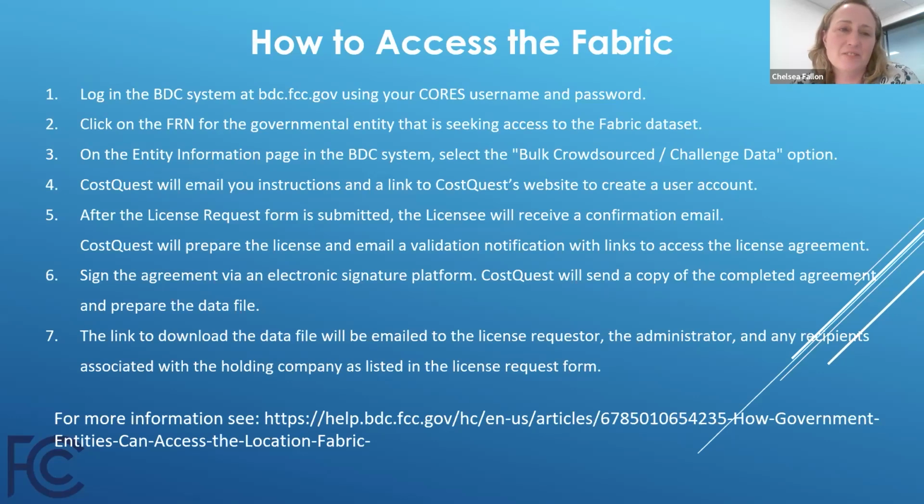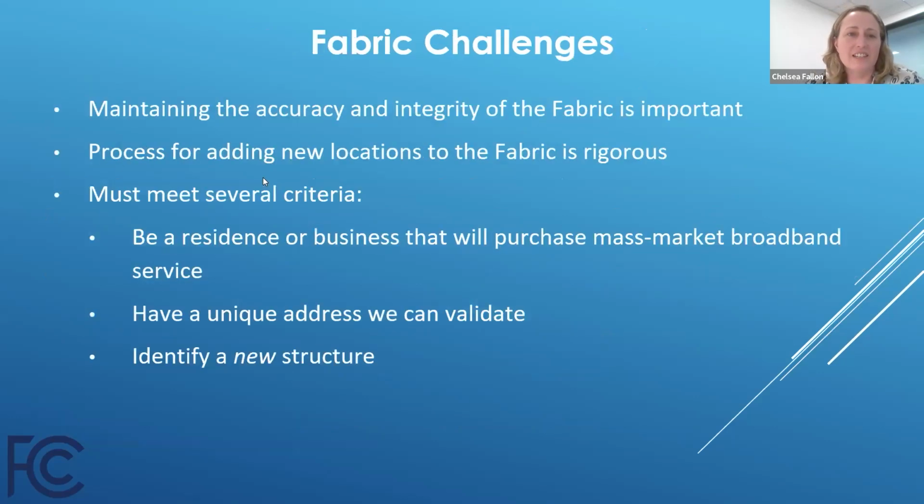Next slide. So generating and maintaining a geospatial data set of every broadband serviceable building in the country is not an easy process. It's complicated, very granular, and involves a lot of time-consuming and detailed work.